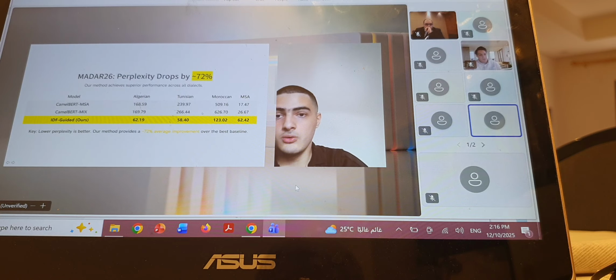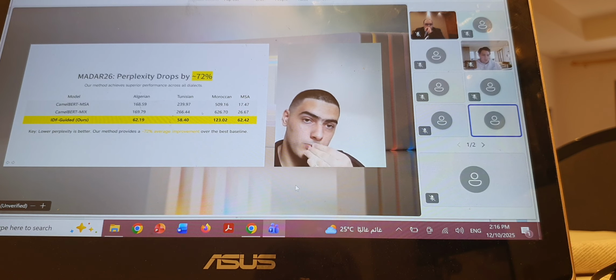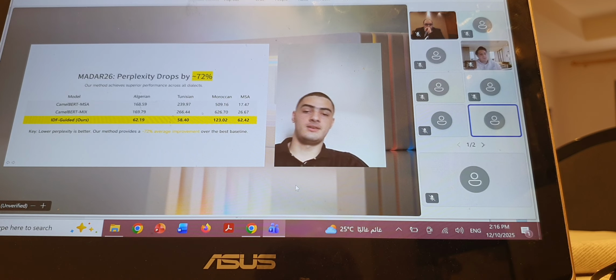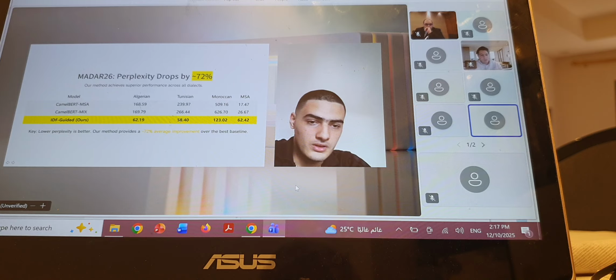Compared to these, the perplexity does drop by 72%. Here we can see that our model's perplexity on Algerian was 62.9, on Tunisian 58.4, on Moroccan 123.2, and on MSA it would be a bit worse, 62.42, but on average the improvement is 72%.